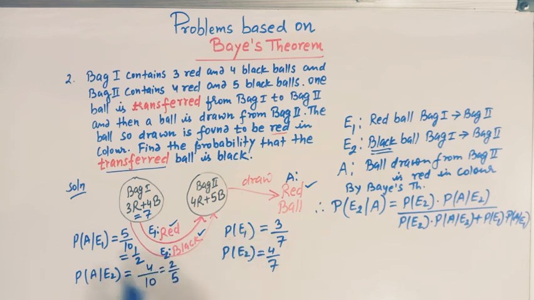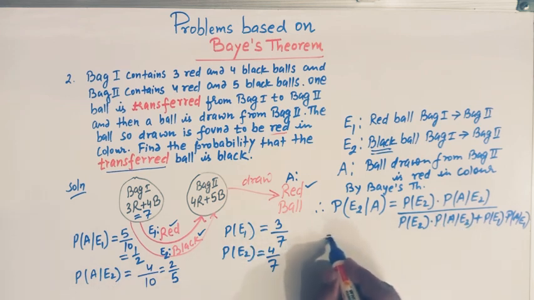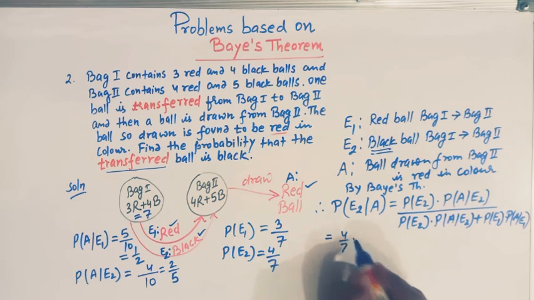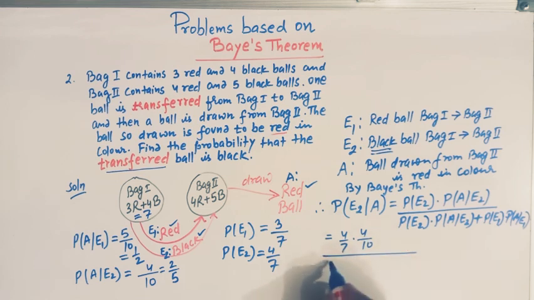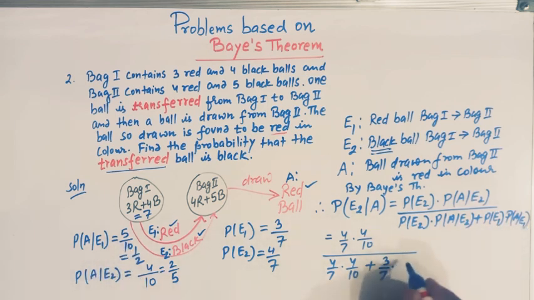Now substituting these 4 values in this formula, we have 4 by 7 multiplied by 4 by 10, divided by 4 by 7 times 4 by 10 plus P(E1), which is 3 by 7, times 5 by 10, right?